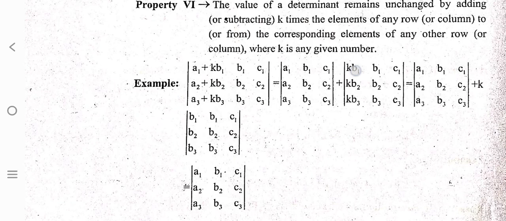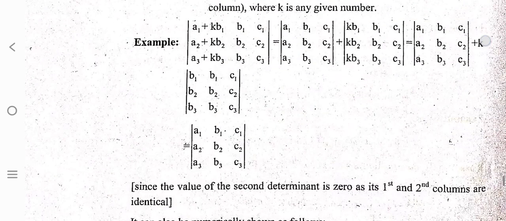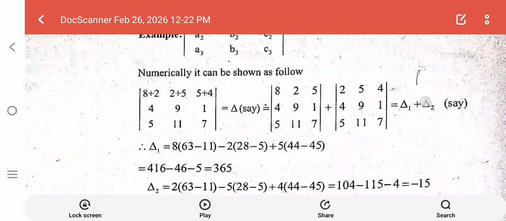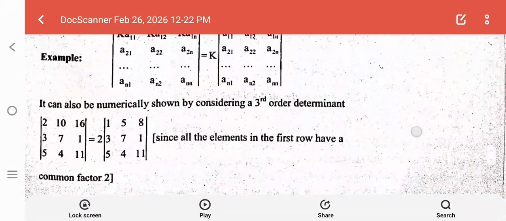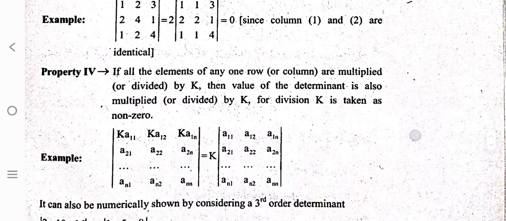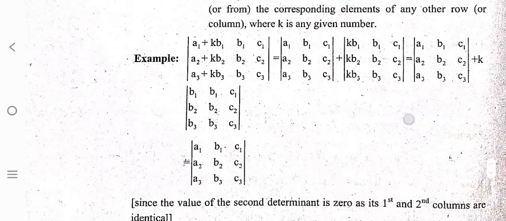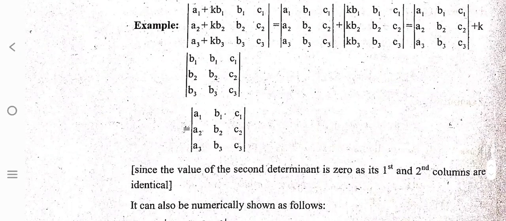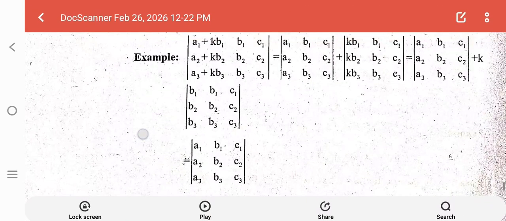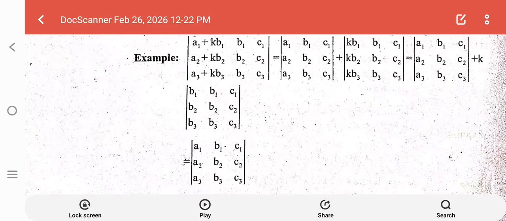Here k is the common factor of the first column. We take k common, as per property number 4, right?